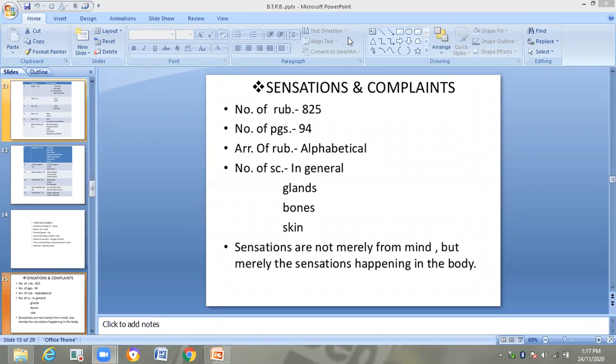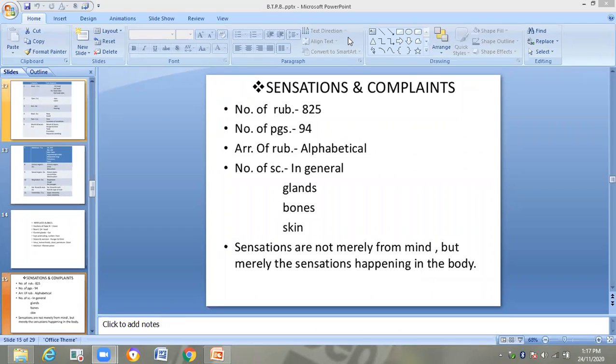And we discussed all about each part or each section, that is how many rubrics are there, how many pages that section covered, then how the rubrics are arranged in that section. First, sensation and complaints in general is given, then sensation and complaints of glands, sensation and complaints related to bones, and sensation and complaints related to skin were given.